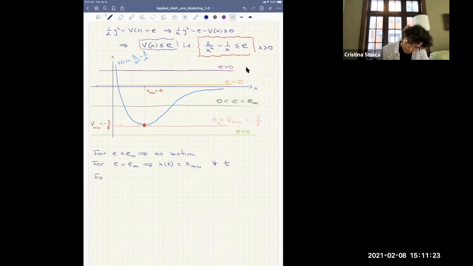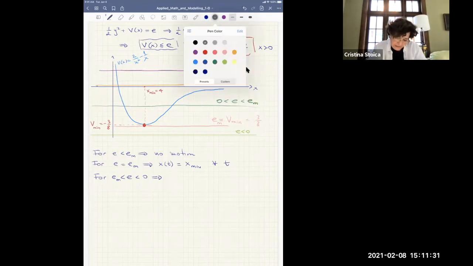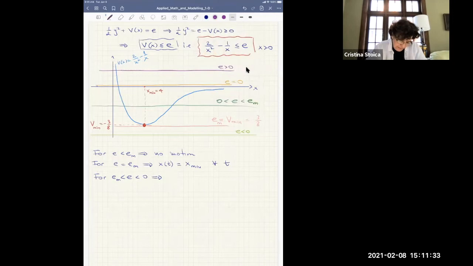Then the next one, for E in between 0 and this E_m. Let's see what happens here. This is the interesting part. Here, x is allowed to be in this potential well, it's actually called, because it's like a well.